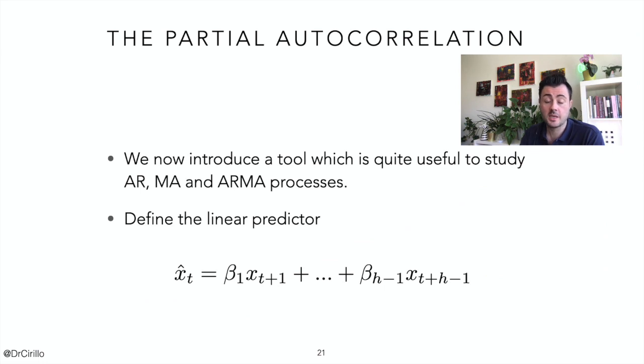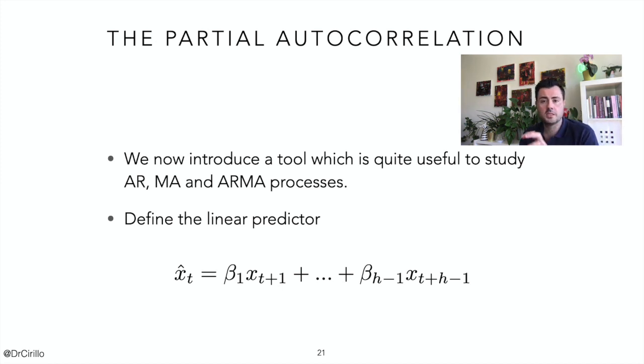For a time series xt, we define the linear predictor xt hat, which is the object that you see on your screen. Please notice the forward-looking nature of this object. So we are, in a sense, regressing xt against xt plus 1, xt plus 2, and so on, until we consider, for example, a certain number of elements.